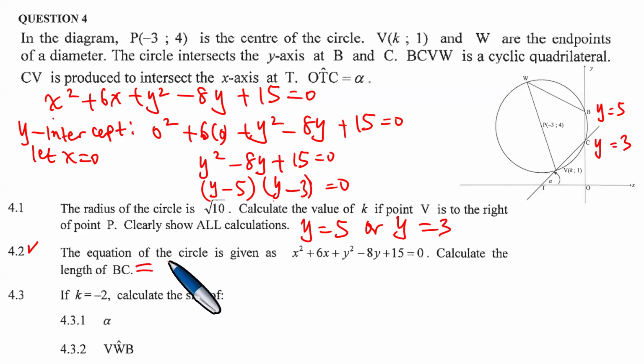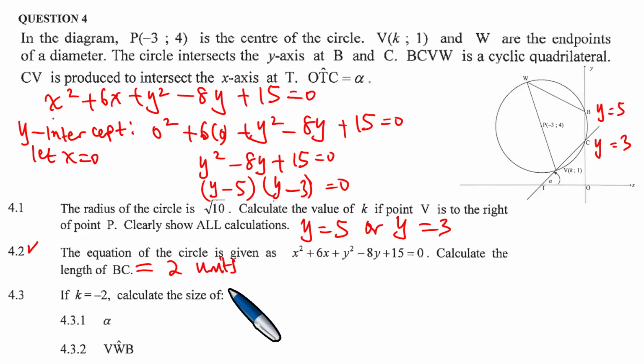So BC then is equal to 2 units. BC is 2 units. Thanks so much for that answer.